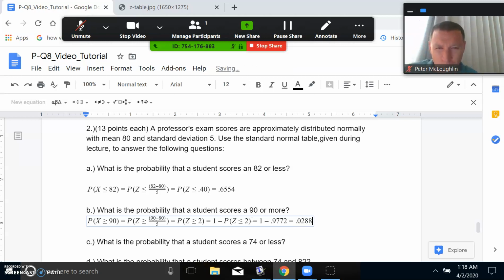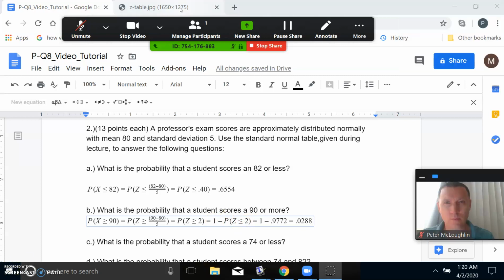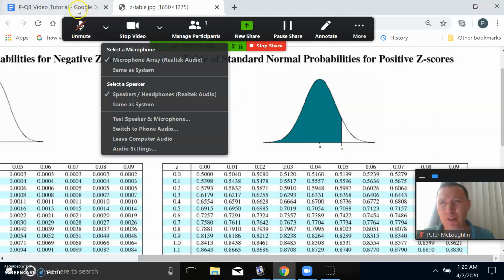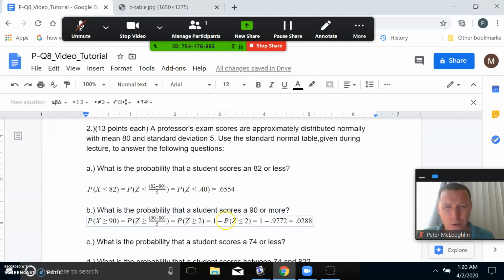So let me explain why I had to go 1 minus. Over here, the table gives you area to the left of z, so that means less than or equal to z. It does not give you area to the right of z, greater than or equal to z. So that's why we have to adjust. That's why over here I went 1 minus.